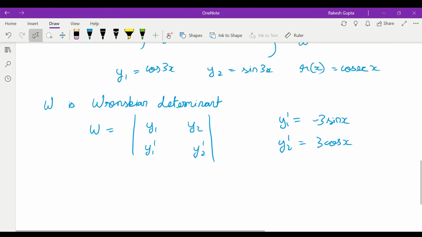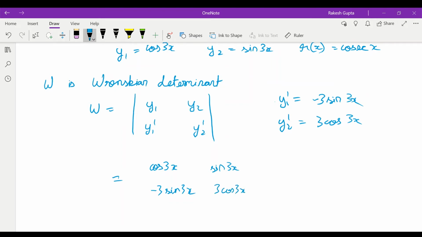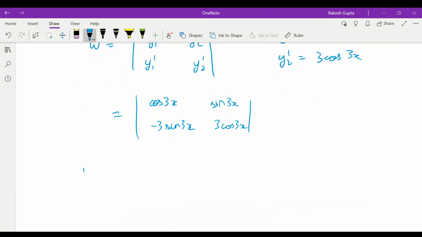Substituting the values of y1, y2, y1 dash and y2 dash in the determinant, we get cos 3x, sin 3x, minus 3 sin 3x, and 3 cos 3x.